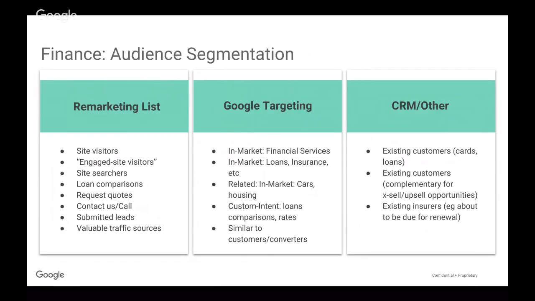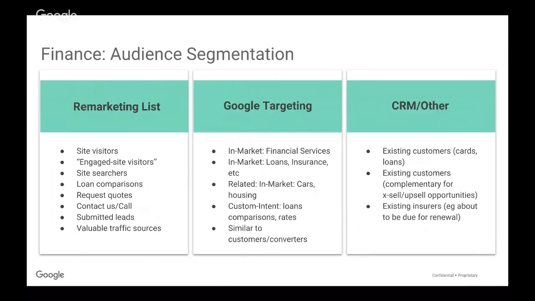The first one is definitely making sure they are leveraging their own remarketing list: the people who visit their website, people who submit leads on their website, people who search terms on their website. So make sure that you leverage the remarketing list as a basis.